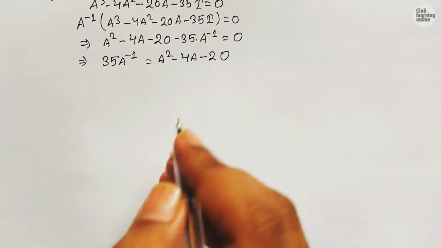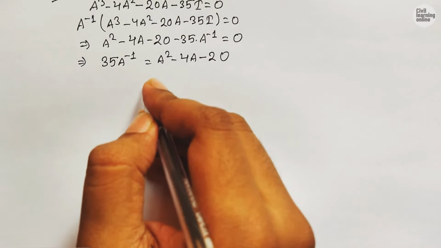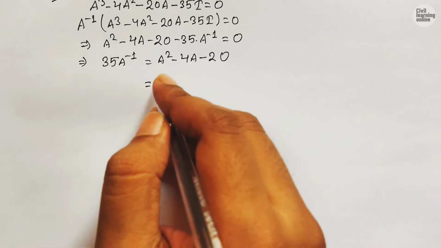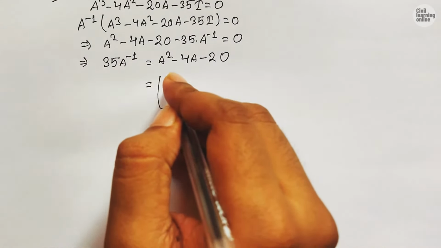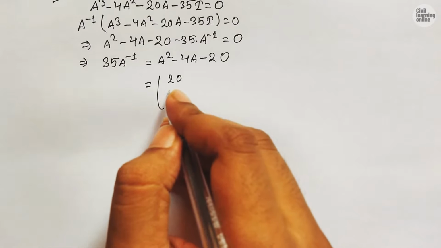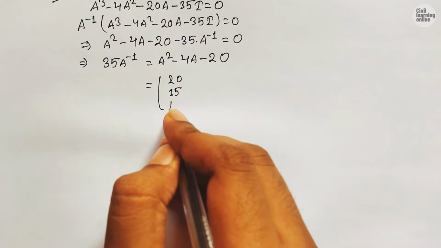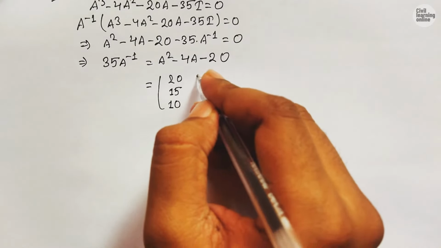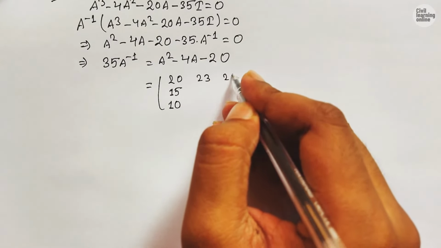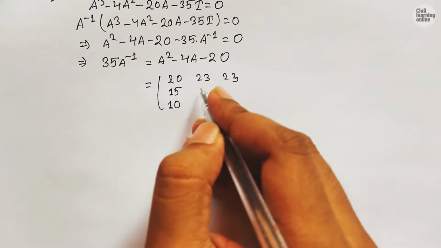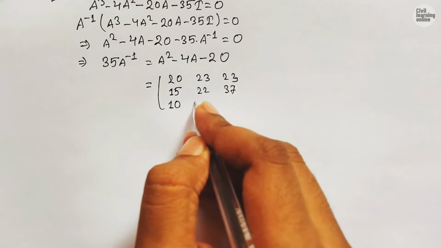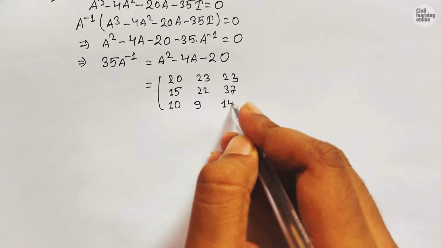Now we will write the matrix values which we had calculated, that is the value of A square. A square value was 20, 15, 10, 23, 23, 22, 37, 9, 14.